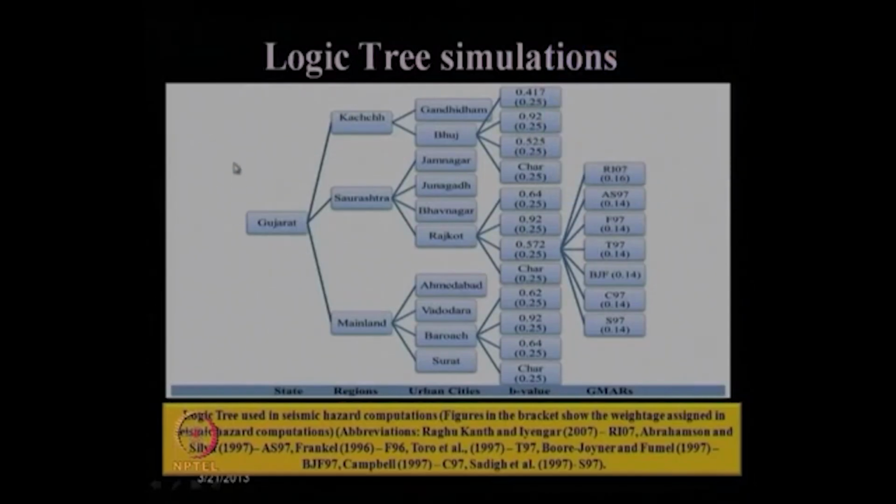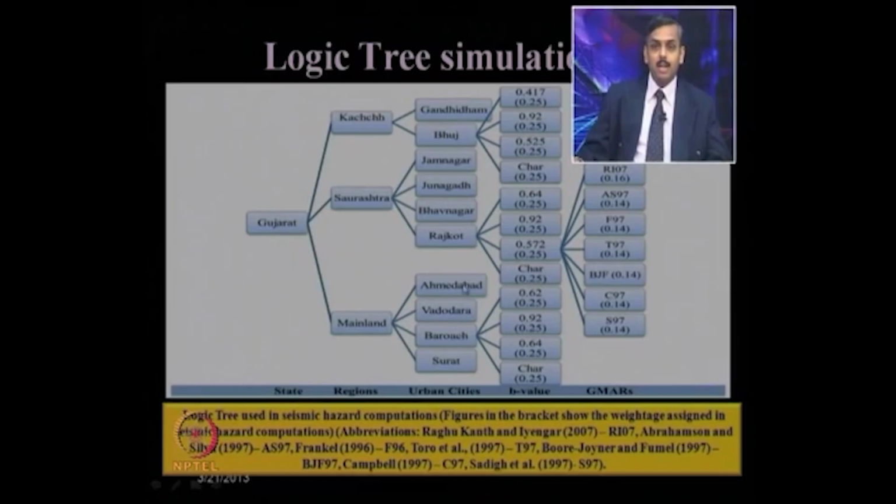Next is to identify the logic tree, which we are going to use for this probabilistic seismic hazard model. Now, for the entire Gujarat, we already have subdivided it into 3 major regions: Kutch, Saurashtra and mainland Gujarat. Now, within each of these regions, we have several cities. Among them, only a few selected cities have been shown over here, but in actual calculation all are taken care of.